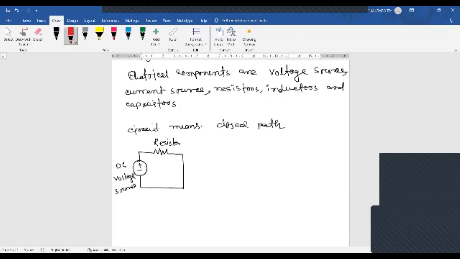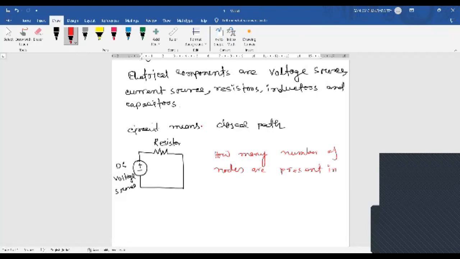Now, suppose my question is, how many nodes are present in the given circuit?